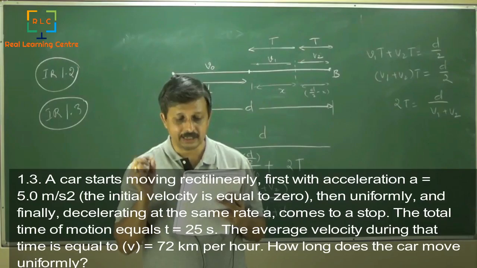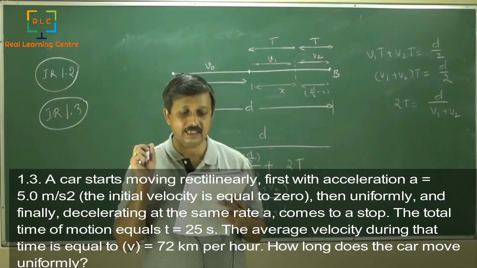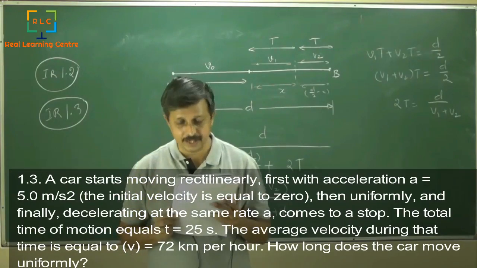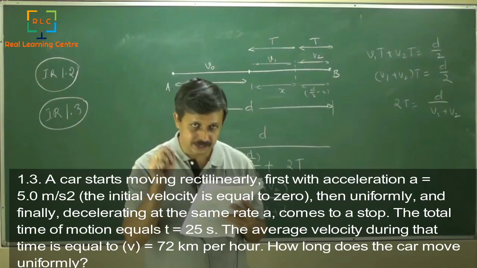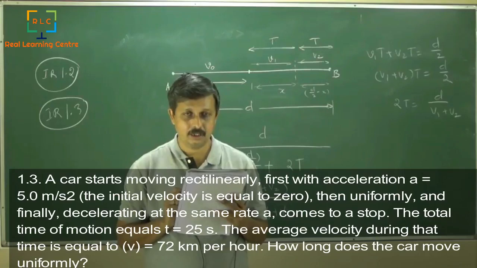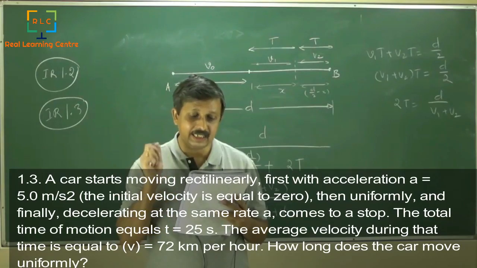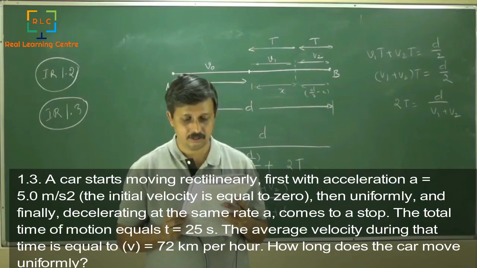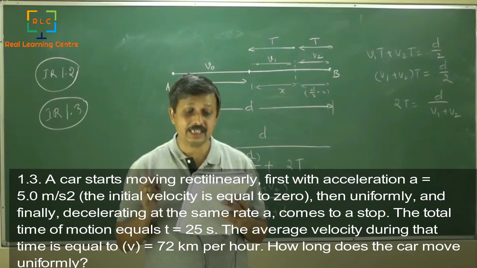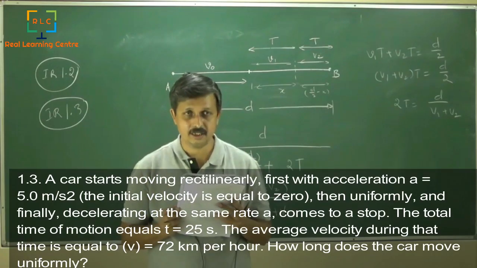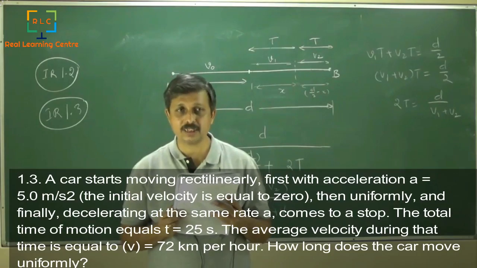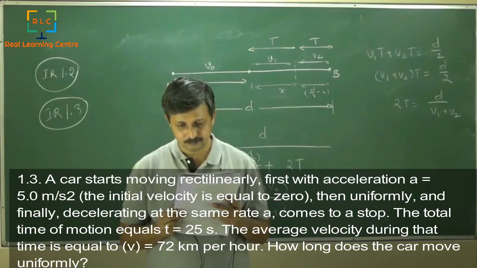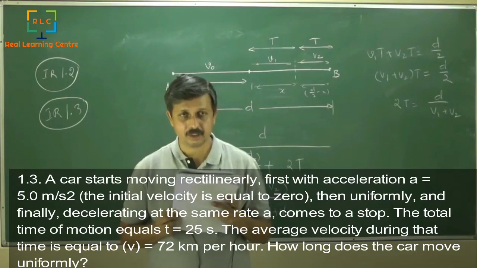A car starts rectilinearly first with acceleration a equal to 5 meters per second square. Then uniformly and finally decelerating at the same rate a, and comes to a full stop.